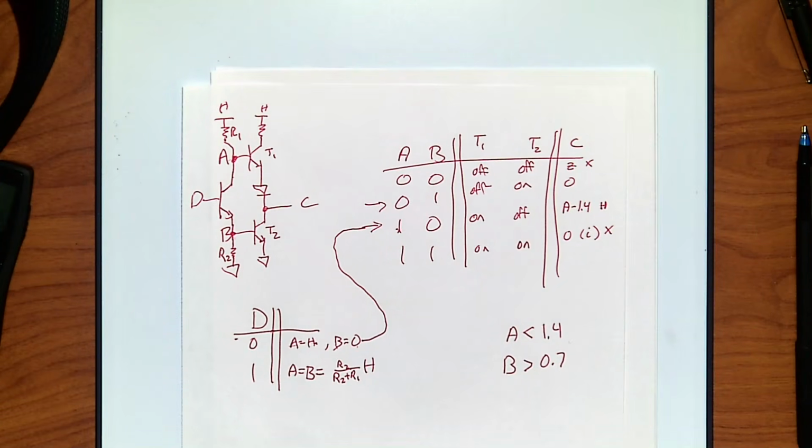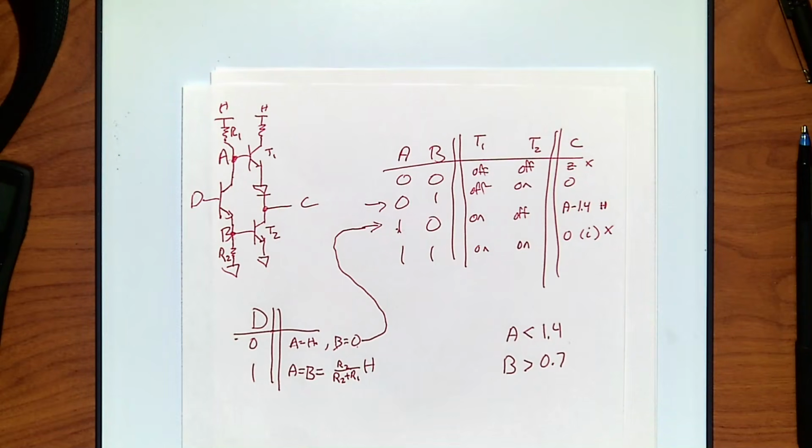But A is equal to B. So under this configuration, B and A can't both be on at the same time. Because the second B turns on, it's going to clamp it down to 0.7, and A has to be bigger than 1.4. It can't ever do that.